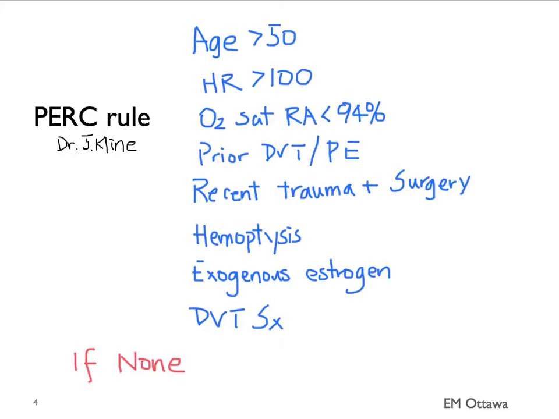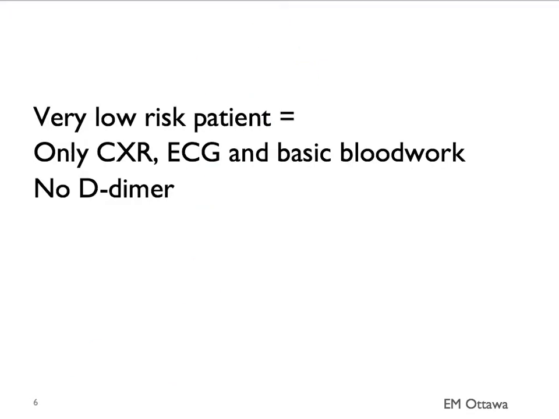If the patient has none of these criteria, and your clinical suspicion is that the patient has a low probability of having a PE, then you can stop your PE workup at this point. And therefore, just to reiterate, a very low risk patient, if they're PERC negative, may only need a chest X-ray, ECG, and basic blood work. Often, no D-dimer is done.